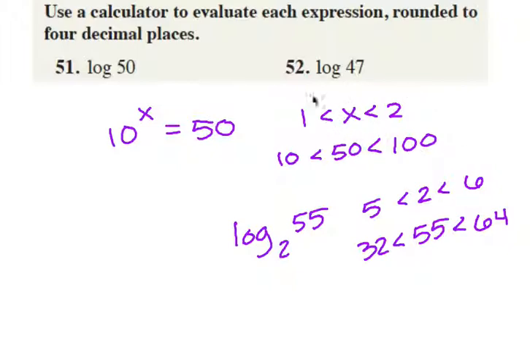And so we know that log 50 is somewhere between 1 and 2, for a similar reason to what we used to do with radicals where you're trying to estimate them. Another example would be log base 2 of 55. You know that 55 is between 32 and 64. So this should be my x value here, not 2. So my log base 2 of 55 should be somewhere between 5 and 6.